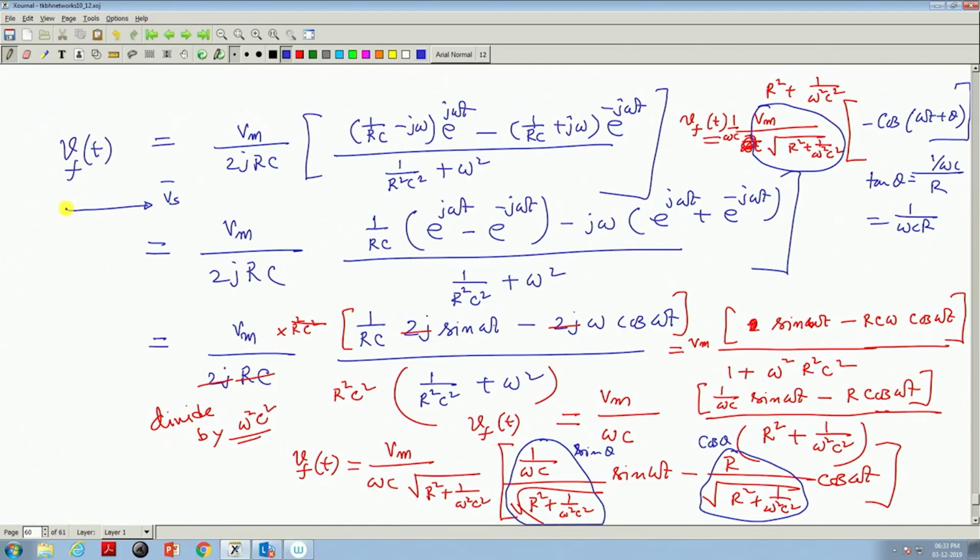So, current will be leading here, and the voltage across the capacitor will be lagging it. Current drawn in the circuit leads the supply voltage by theta, that is fine, but the voltage across the capacitor will be lagging the current by 90 degrees. So, these things constitute this negative sign.